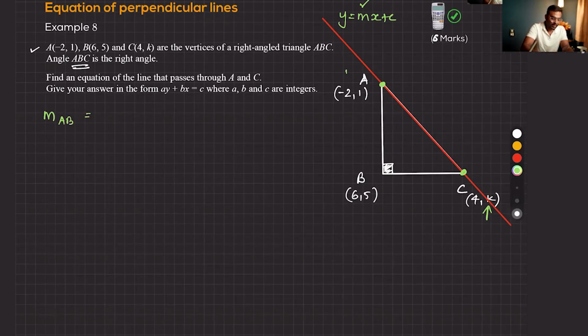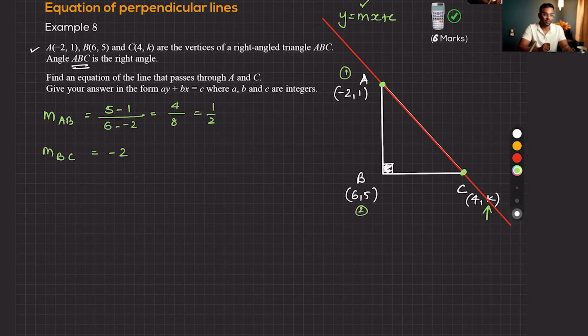I'm considering this as my point 2, and this is my point 1, okay? So that would be 5 minus 1 over 6 minus 2. 4 over 8, which is a half. Would you all agree with that? Simple, one line. Which means gradient of BC must equal minus 2. Negative reciprocal. Is that okay, everyone?